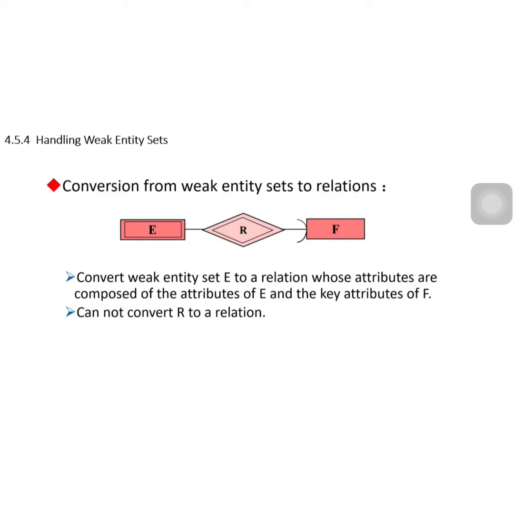We convert E, add the primary key of F to the relation E, and we don't convert R. Okay, now let's look at another example.